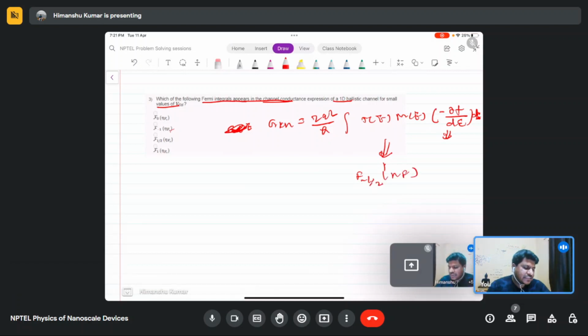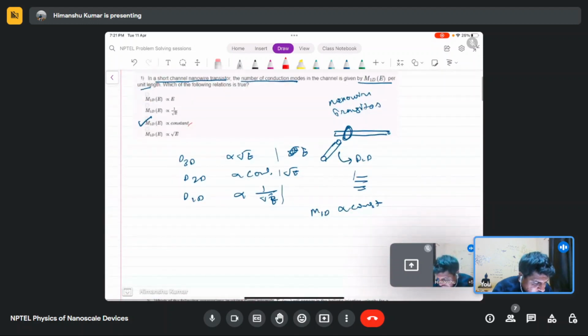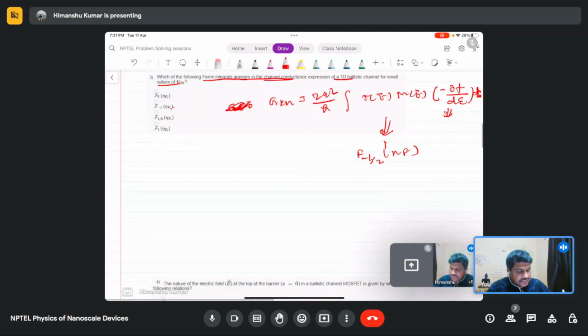In this case, the mode for the 1D case is independent of energy. You can see in this problem the mode of 1D is constant. Because this is the derivative, the derivative of the Fermi-Dirac function will reduce the order of the Fermi-Dirac integral by 1.